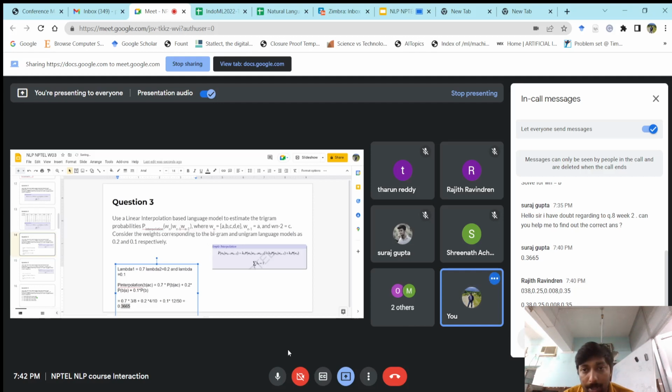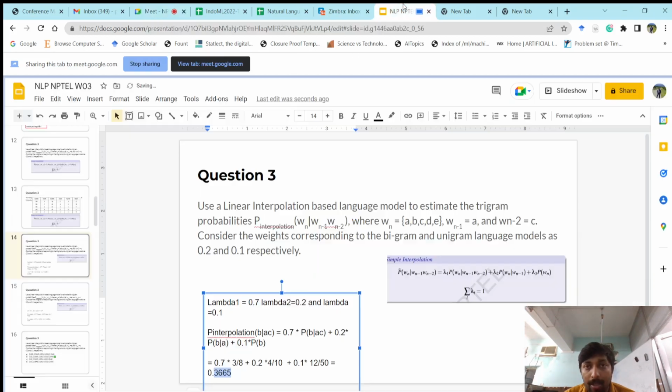Maybe I just rounded it up. Okay, I guess you rounded it. Fine. But the best strategy is to round only after you calculate the whole thing. I rounded it before itself.